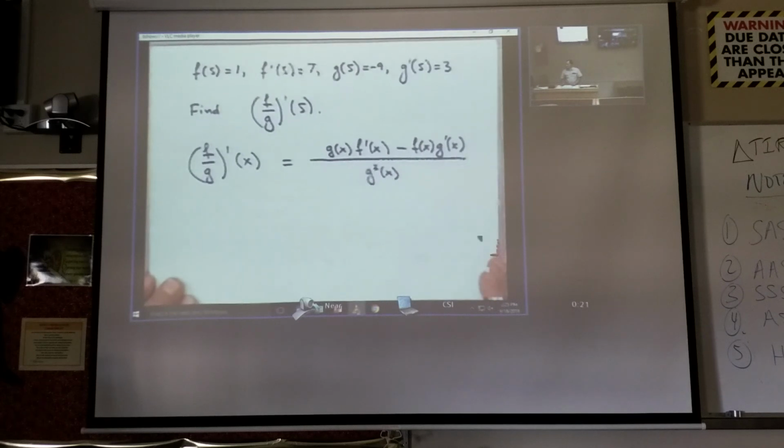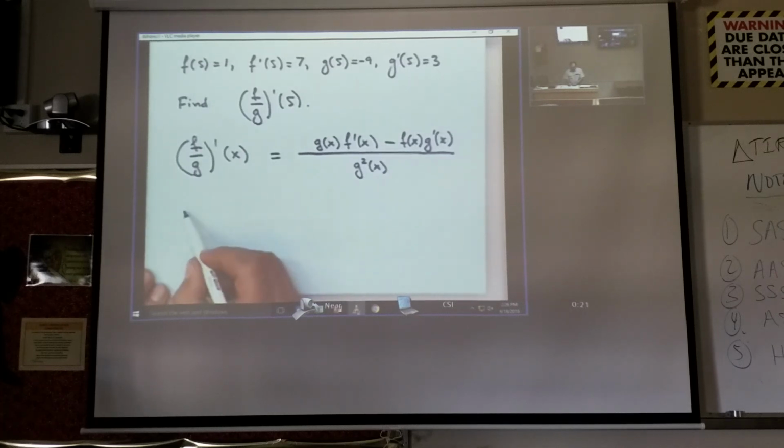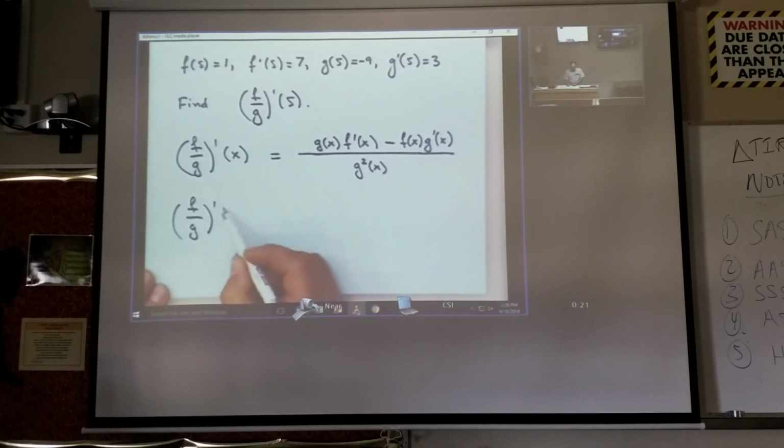There's nothing specific here, but remember, this is just setup. Our goal is to go to 5, but please don't start working with 5 right away. First get it with x and then go to 5.